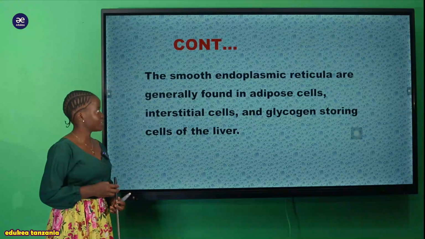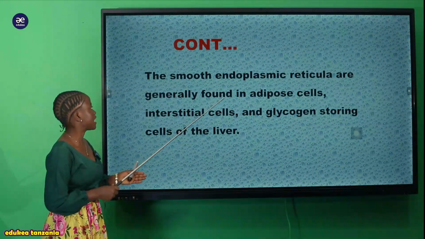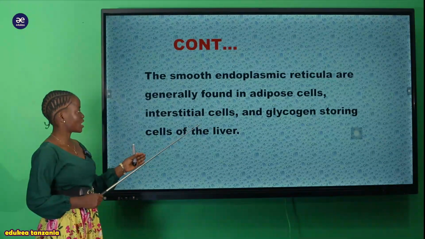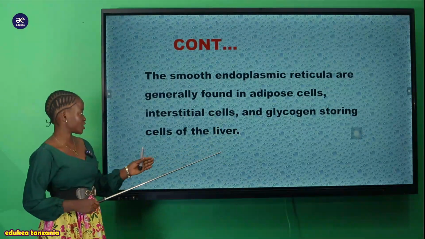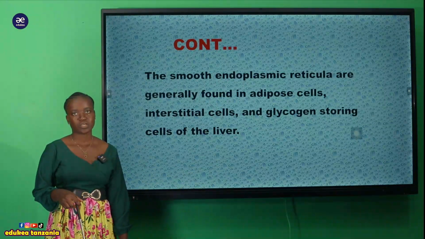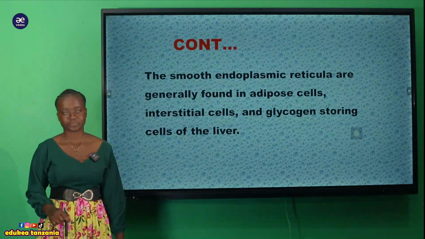But also, the smooth endoplasmic reticula are generally found in adipose cells, interstitial cells, and glycogen storing cells of the liver. So this is the location. Where is it located?